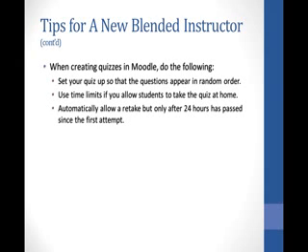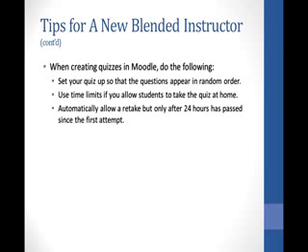By doing these 3 things, you virtually eliminate the opportunity for cheating, because if they're taking it in your brick and mortar environment, somebody looking over isn't going to be on the same question that somebody else is. If they're doing it at home, by setting a time limit, you have virtually eliminated the possibility of using the internet or looking up in a textbook the answers to the questions.